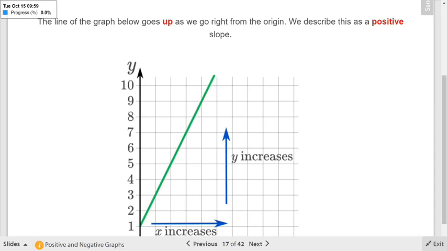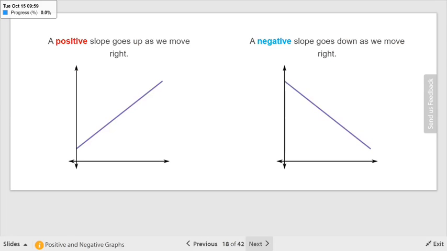And so when you think about slopes, they can either be positive or they can be negative. And all you need to know is that they're positive if the line is going, what do you think? Up. They're negative if the line is going what? Down. Okay? So a positive slope is when it goes up as you're going to the right.